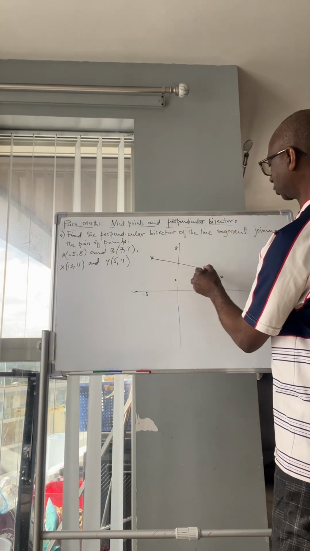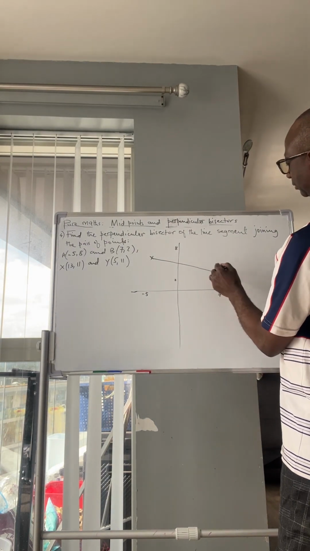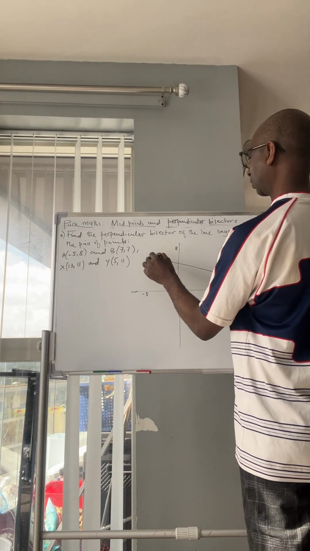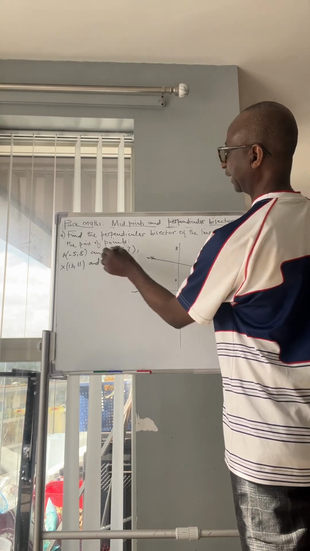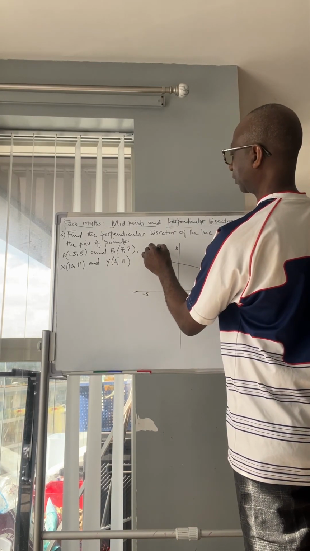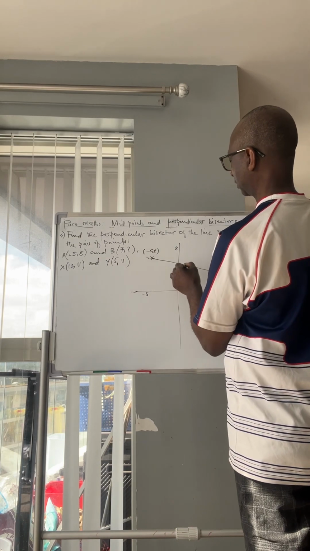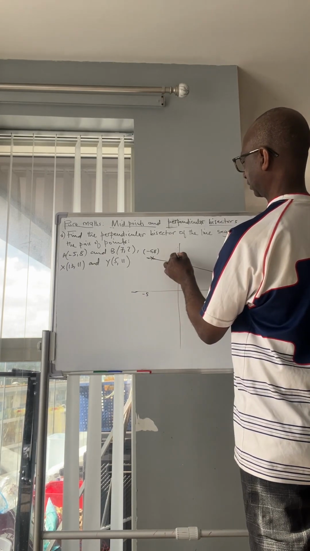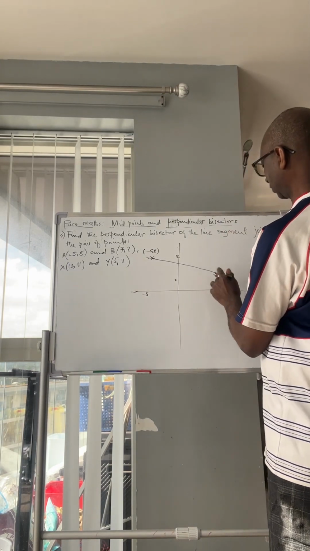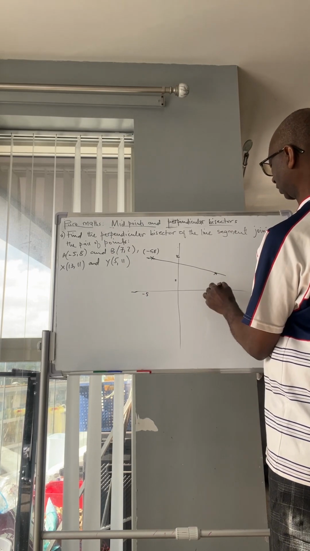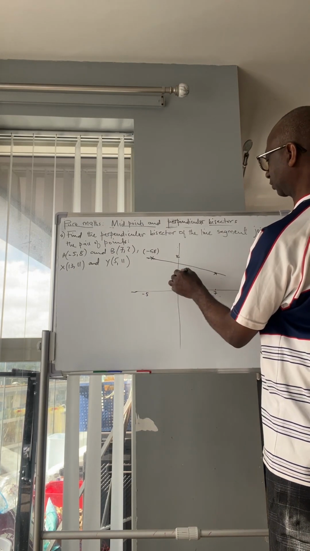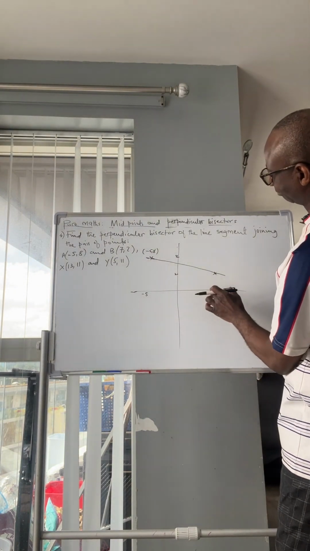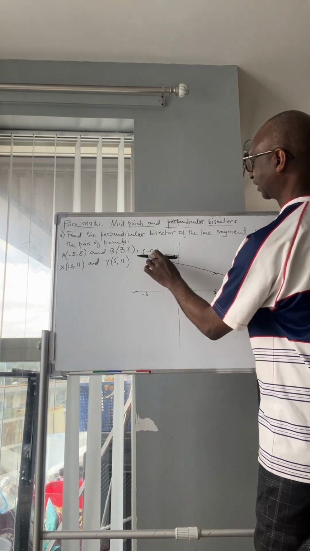So we join these 2 points like this. One point is there, one point is here. This point here is (-5,8), so this is 8. Here is 5, and this is 7. Here is 2. Let's slant it a bit.